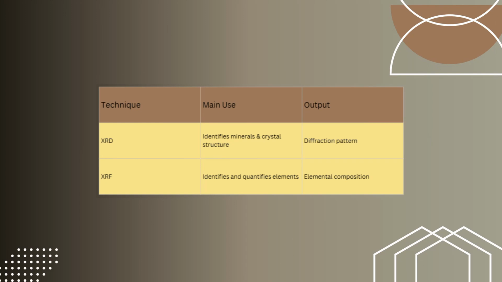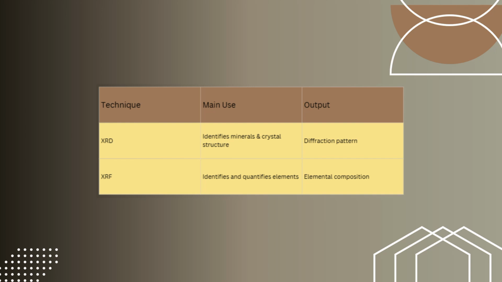So here we can see the comparison table of X-ray diffraction and X-ray fluorescence. XRD identifies minerals and crystal structure, and its output is a diffraction pattern.